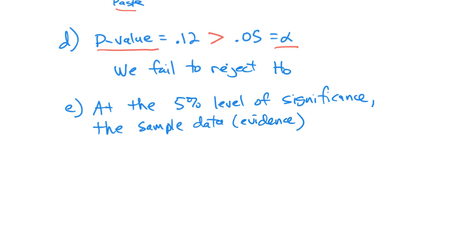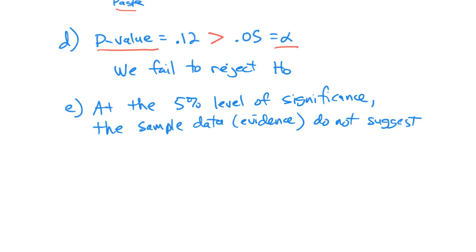So the sample data do not suggest H1. I'm going to say H1, but in words. I can't just say H1. But looking at H1, H1 says that the mean is less than 77 years. So I'm going to write it the way the book says it.